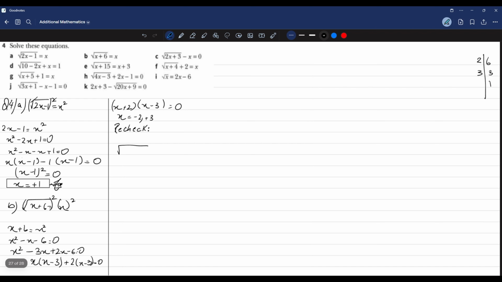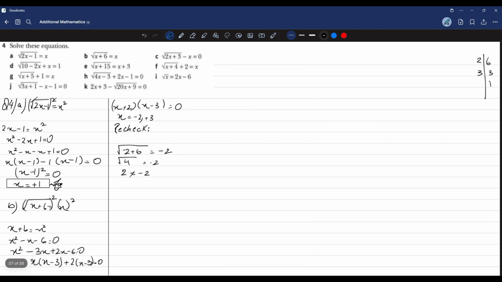So under root of negative 2 plus 6 should be equal to negative 2. Okay, so negative 2 plus 6 is equal to 4. Is under root of 4 equal to, and that gives us positive 2 is equal to negative 2, and that's not equal. So that's why this value is not correct.